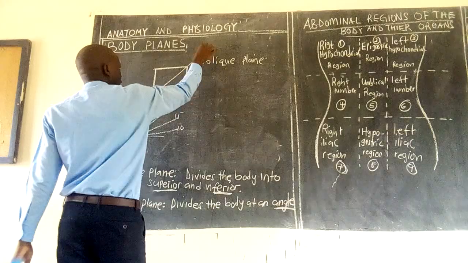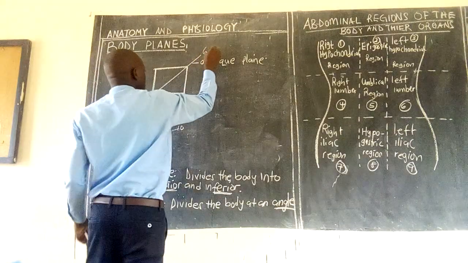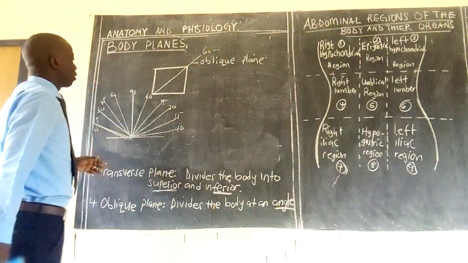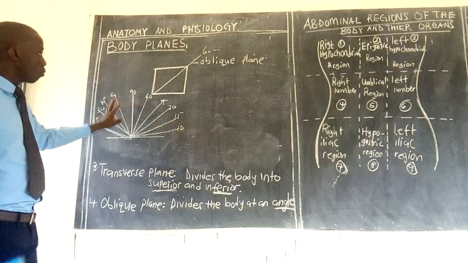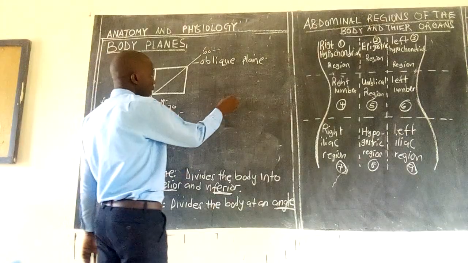So this oblique plane can be at 60, can be at an angle. This structure is what we call an oblique angle.